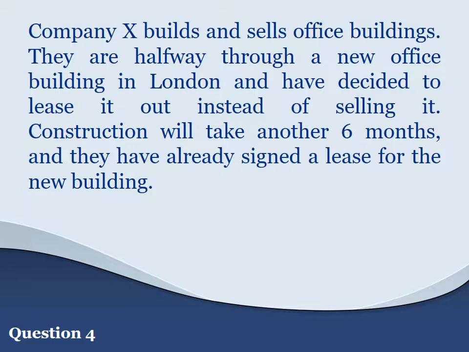So here we find ourselves in a situation where we had inventory on our books, and we've now decided to take that inventory and use it ourselves. So if that's what we've done, again, there's a change in classification there, and in changing the classification, we've already started actively looking for tenants.